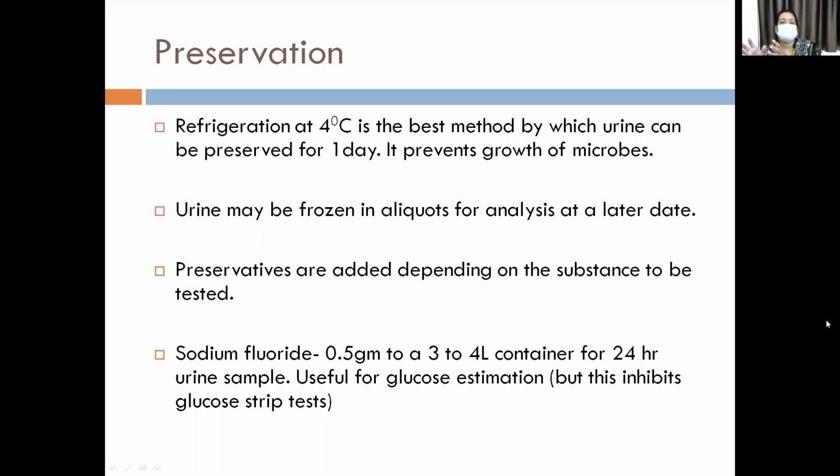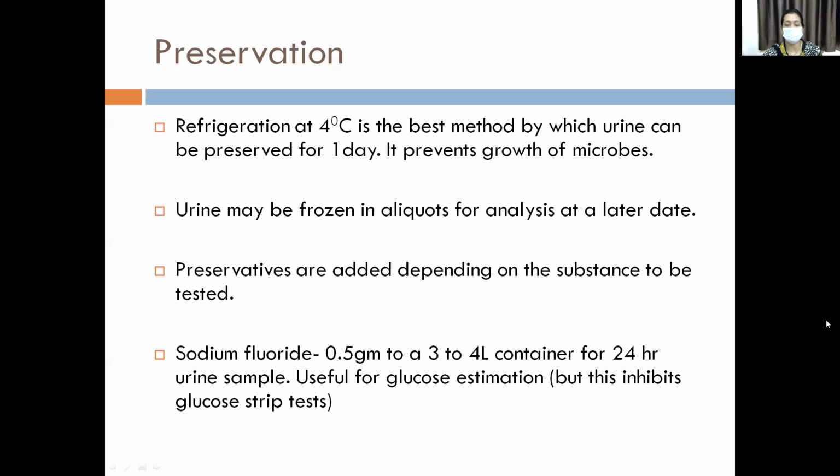But just as every drug has a side effect, a preservative will affect some physical and chemical properties, so you should choose depending upon that. The preservatives are, we'll start with one, sodium fluoride. You have to remember, in the practicals there is no way out, the grams and how many liters, all of that.